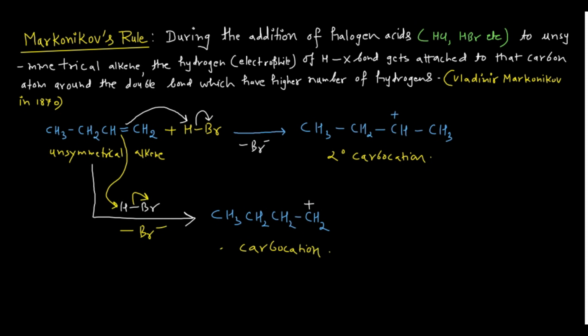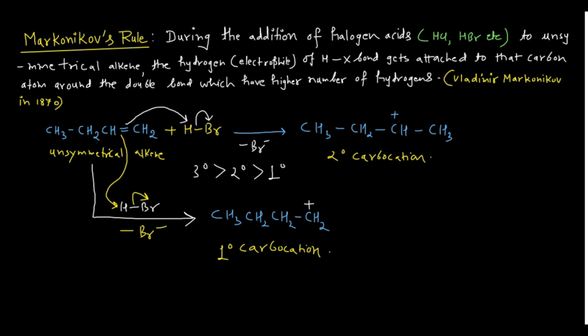And this carbocation is primary in nature because this carbon is attached directly with only one carbon, right? So this is primary in nature. So two carbocations I am forming. And from the basics of organic chemistry, you should know tertiary carbocations are most stable, then secondary, and then primary.